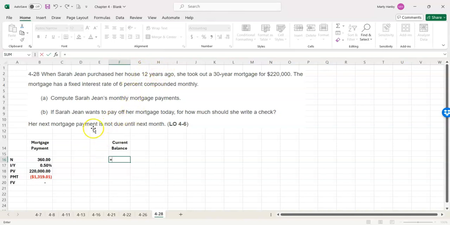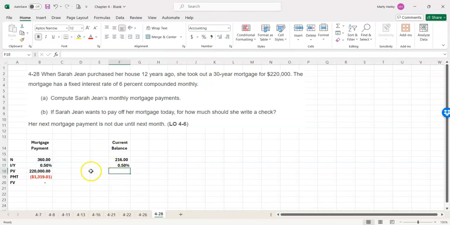There's 18 years remaining on the mortgage. So it's 18 times 12. And so it's 216 payments left.